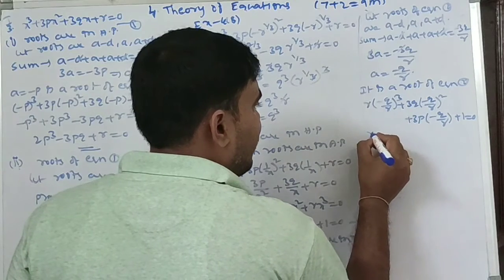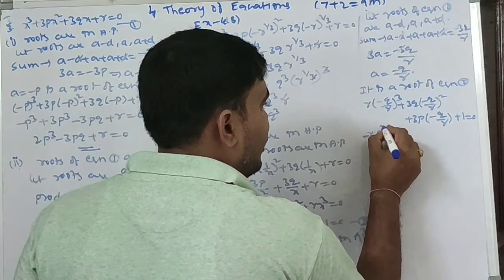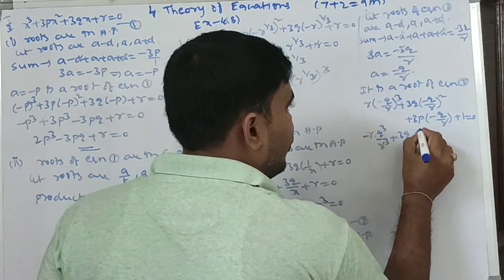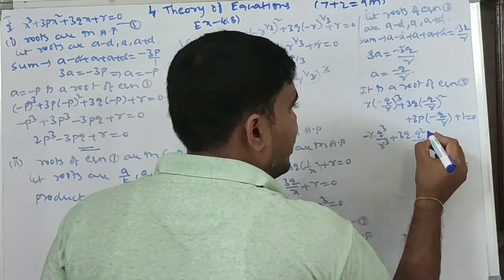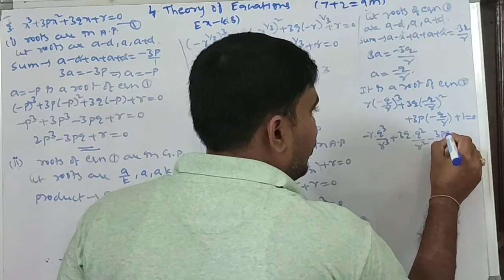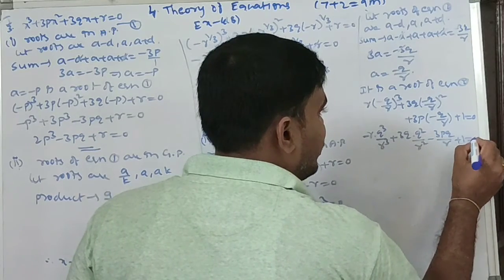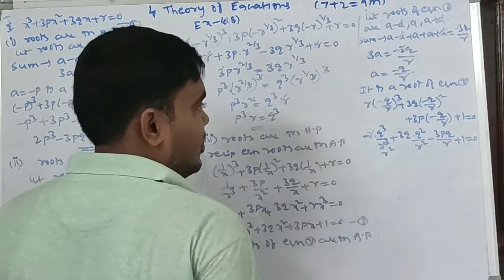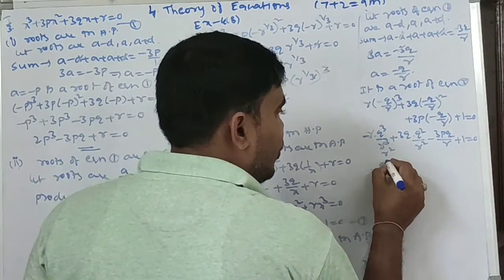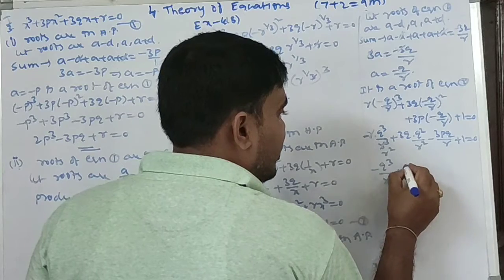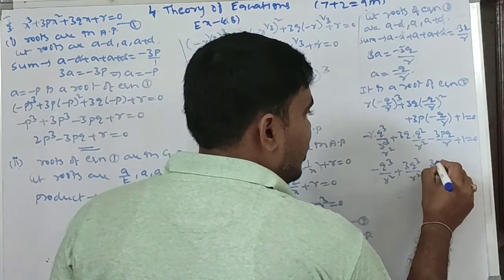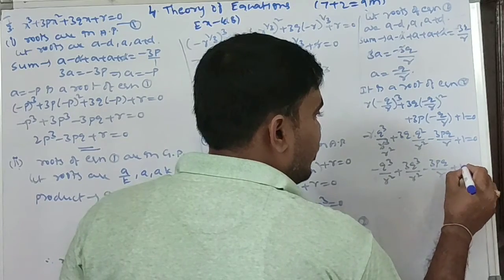r(−q³/r³) plus 3q(q²/r²) minus 3pq/r plus 1 equal to 0. So here one of the r cancels, r². So −q³/r² plus 3q³/r² minus 3pq/r plus 1 equal to 0.